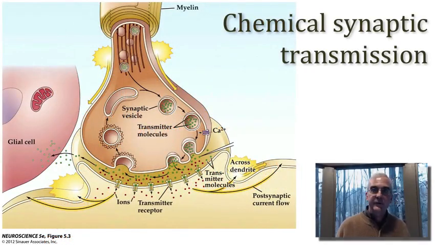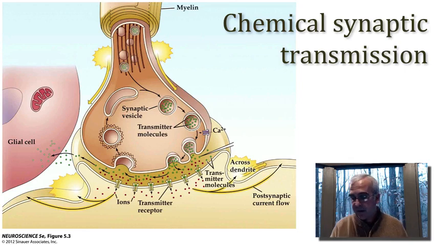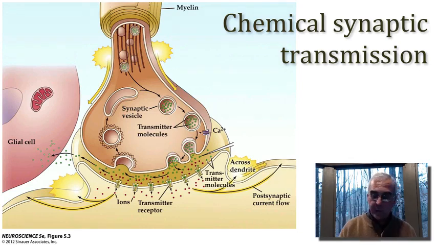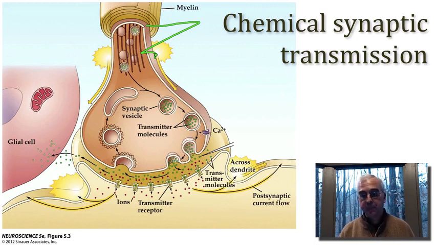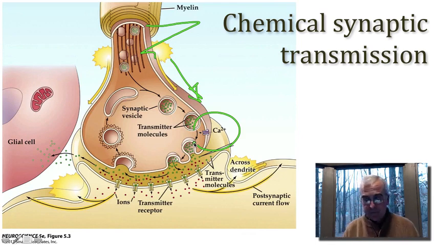Okay, well, let's get started again by reviewing the basic structure and functional properties of a chemical synapse. Those are recounted for you again in figure 5.3, a very important figure from your textbook. What we see here is what happens when an action potential invades the presynaptic terminal membrane. There's a wave of depolarization that causes voltage-gated calcium channels to open.